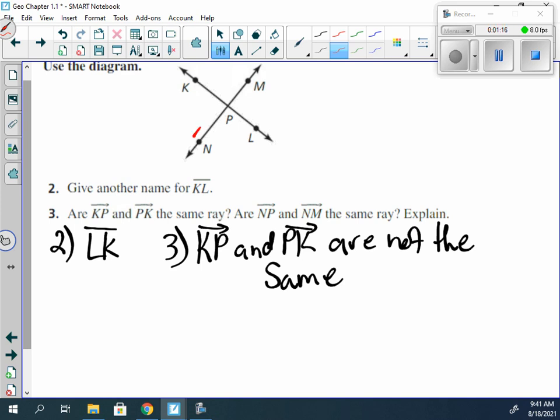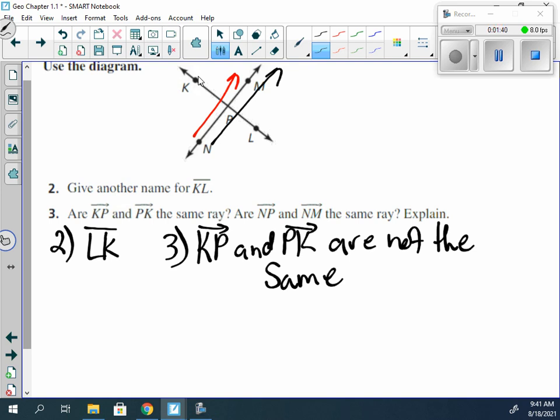So if we look at NP, it is this ray going here. And NM, they do have the same endpoint. Even though the other letters, P and M, are different, NP starts at N, goes through P, and goes all the way through M, yes?